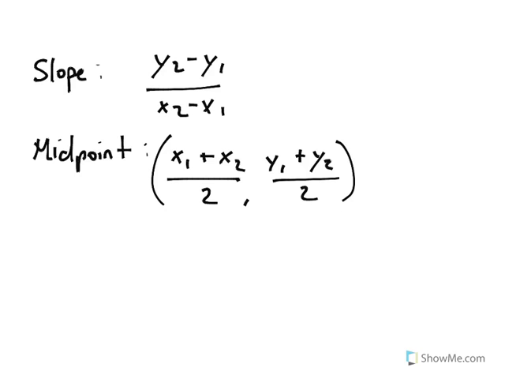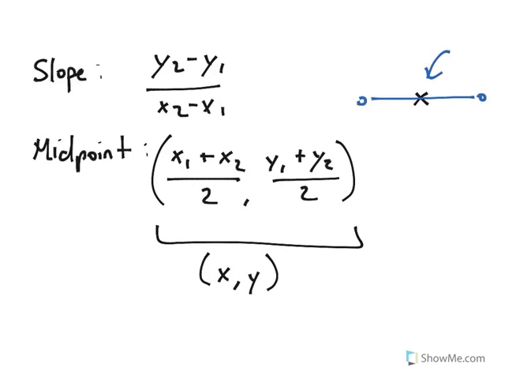And this equation gives the x and y coordinates of the midpoint between 2 points. Let's say that point and that point, and you want to find the middle. So you'd use this formula to find the middle, and this is just pretty much taking the average.